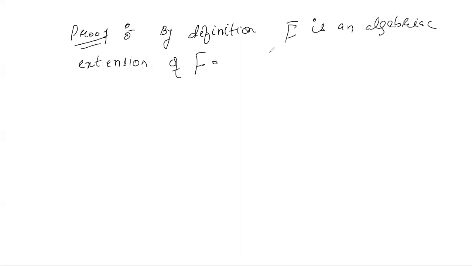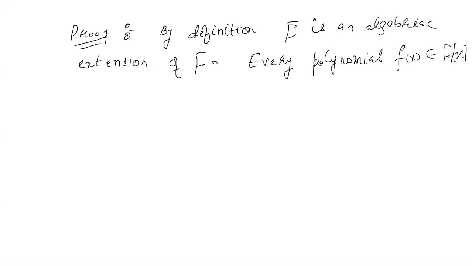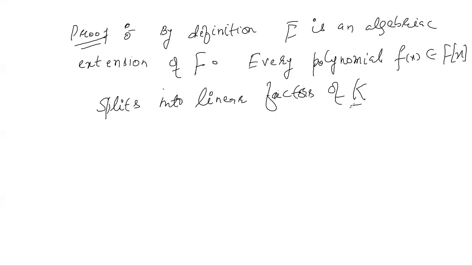Every polynomial f(x) in f[x] splits completely into linear factors over k, because k is algebraically closed field containing f.